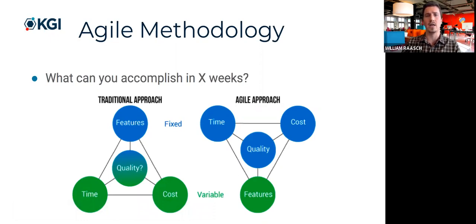With Agile, it's actually the reverse. So time, quality, and cost are the same. You devote a certain amount of money and a certain amount of time to each iteration, and then it's the features that change. You might find that a feature is more difficult to implement than expected, or that the customer is telling you the features should be a little bit different.